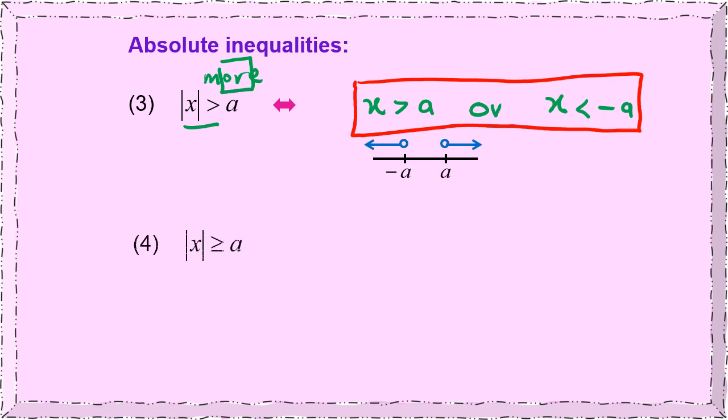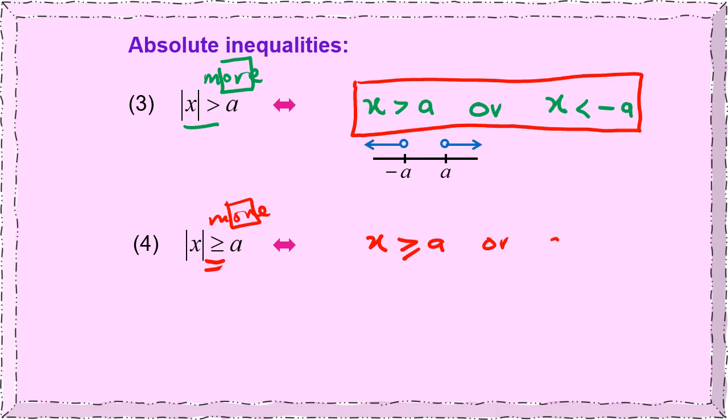For part b, we get absolute of x more than or equal to a. To define it, it is the same as the above. We follow the question, x more than or equal to a. Because it's more than, the operation should be or.